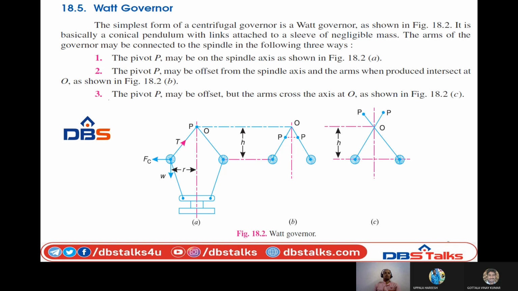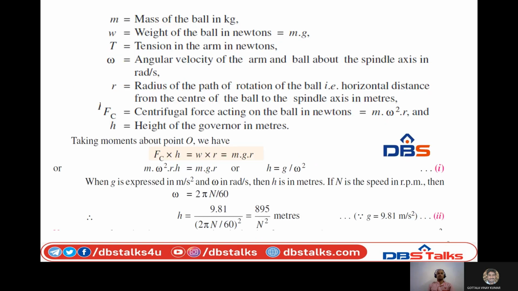No weight of the arm, no weight of the link. The one more thing we have is the weight of the ball, which with respect to O is rotating in the anti-clockwise direction, with the horizontal distance r. So Fc into h is equal to W into r, where W means weight, mg, into r.